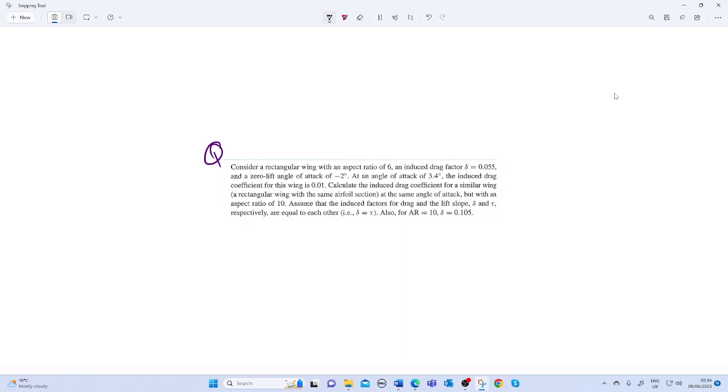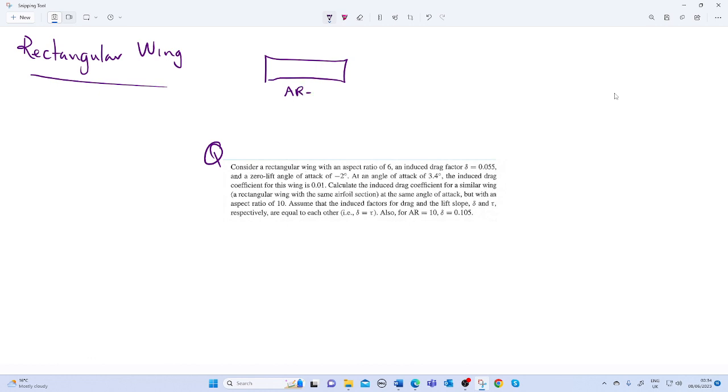Now, in order for us to approach this particular aerodynamics problem, we have a rectangular wing, the one with the aspect ratio of 6 and another one with the aspect ratio of 10.